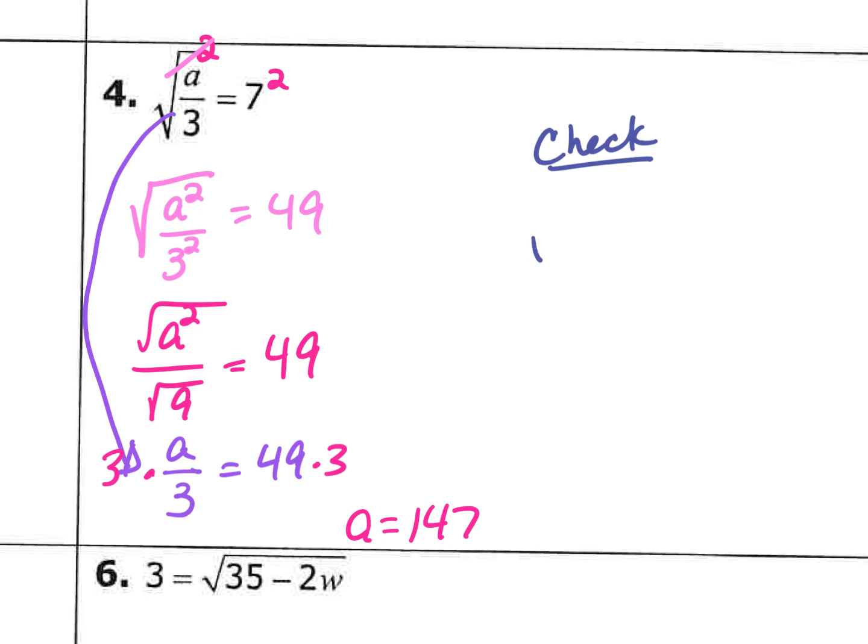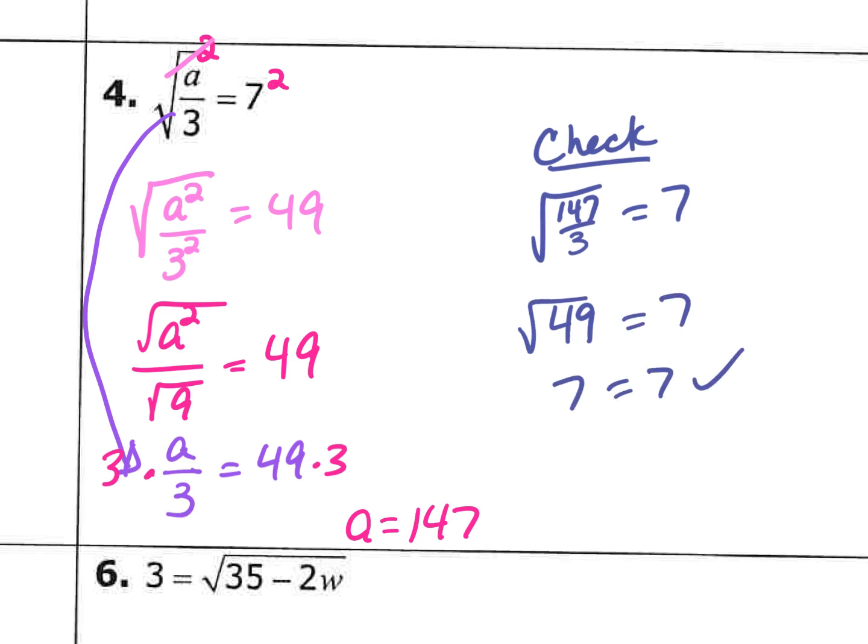So if you did it that way, it wouldn't hurt it. 147 divided by 3 is 49. The square root of 49 is 7. Okay. Questions there? Doing okay so far?